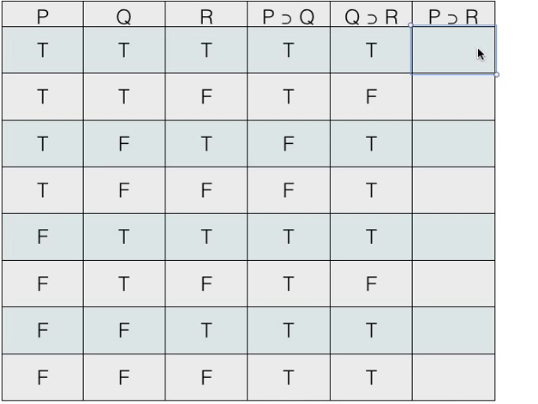In the last one, we're looking at P and R. So what we're doing here is evaluating this column, P, and this column, R. Sometimes it can be tricky to keep track of the columns here, but we're looking at P and R only, right? Those are the propositions involved in this statement. So a true and a true is true.